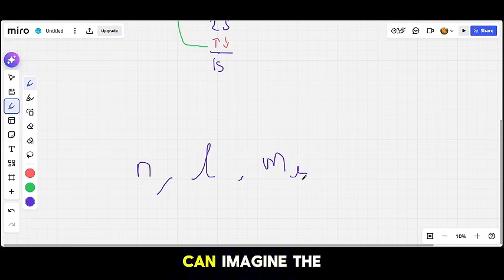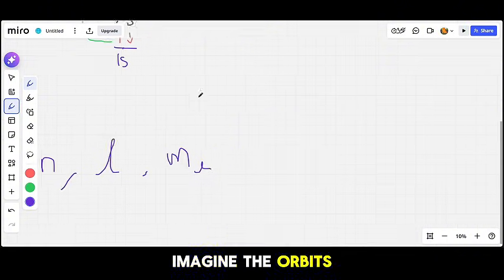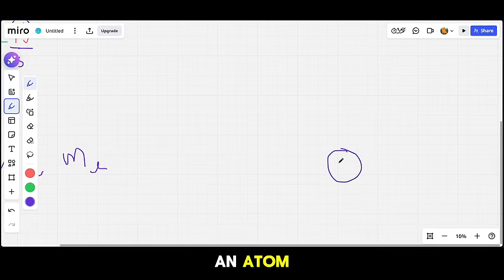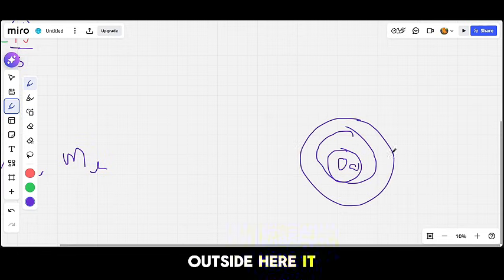So if you can imagine the orbits of an electron, this is an atom, whatever atom you please, let's say a hydrogen atom. We have one proton and one neutron, and then we have the orbitals out here. Let's say you have this shell, and inside that shell there will be another shell.